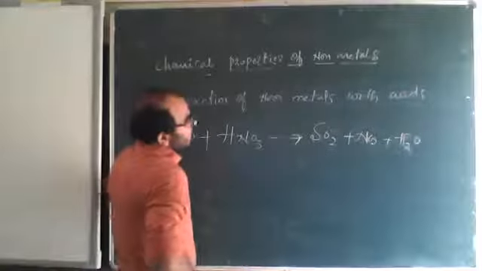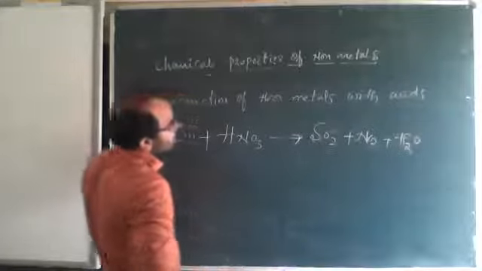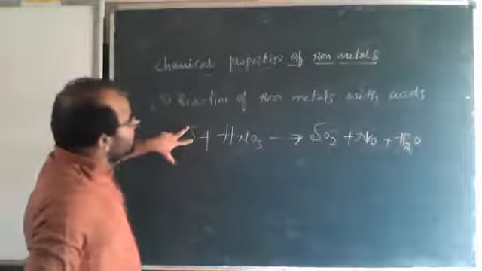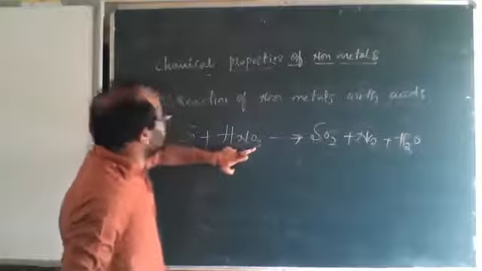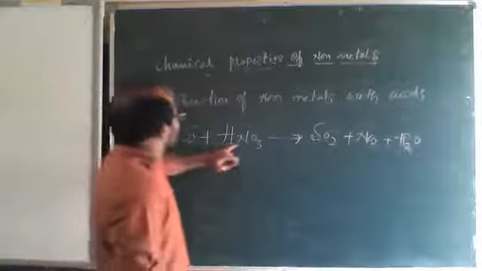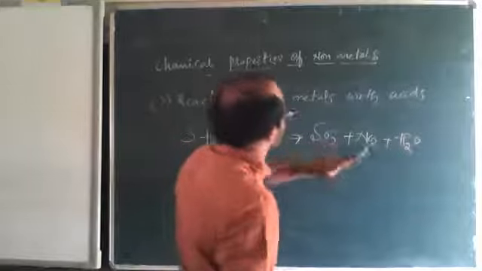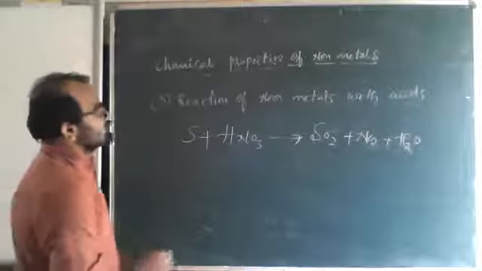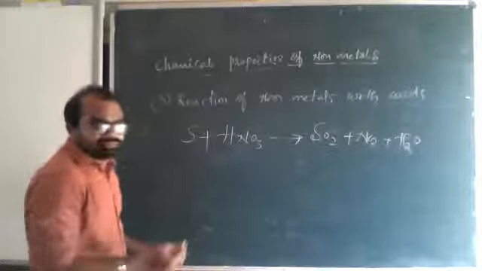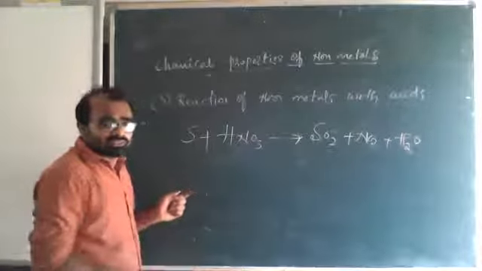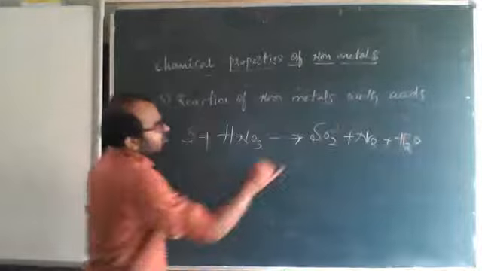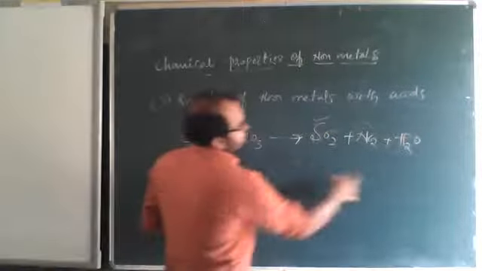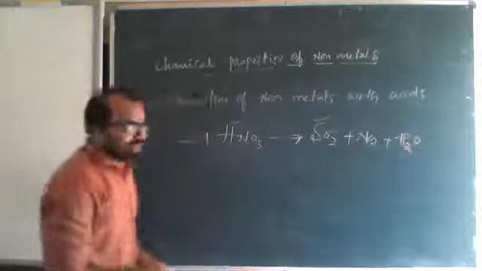See there. Here S is there, O2, there are only two O's, NO2, but H2O. So how do we balance this? Let us balance it. It is not balanced. One S is there, one S is there. One H is there, two H are there, so I will balance it.